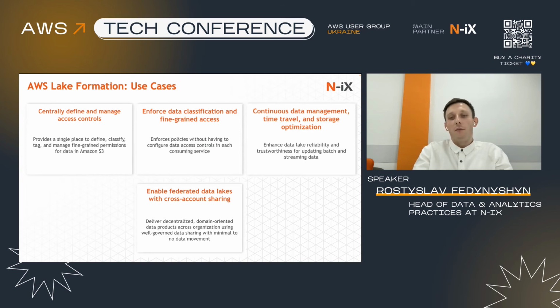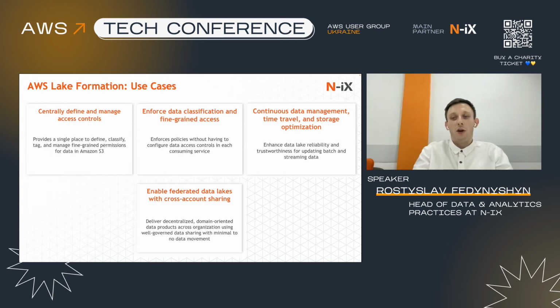That means that Lake Formation automatically filters data and only reveals data by defined policy. One more benefit is that enhancing data lake reliability with AWS means that we can query historical data versions and audit change data.